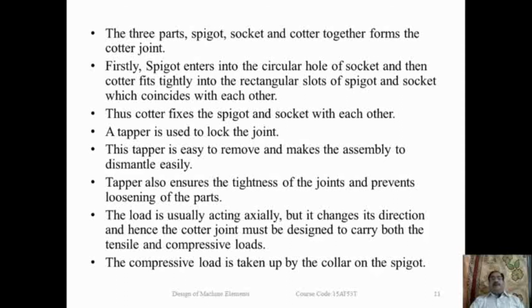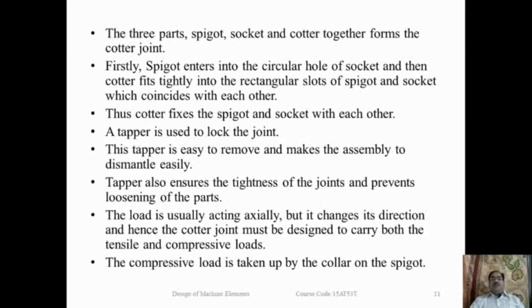The three parts, spigot, socket and cotter, together form the cotter joint. Firstly, the spigot enters the circular hole of the socket, and then the cotter fits tightly into the rectangular slots of the spigot and socket, which coincide with each other. Thus, the cotter fixes the spigot and socket with each other.